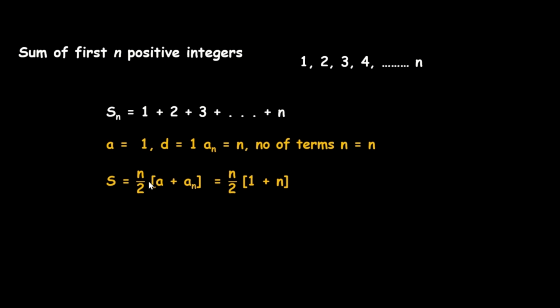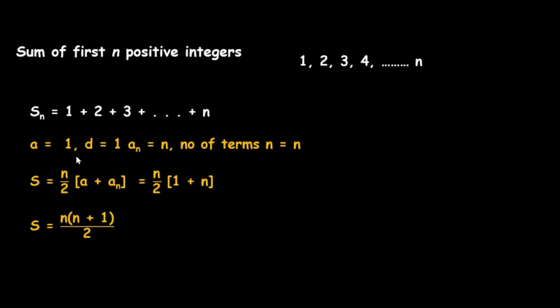So let's substitute these values into this formula, and we get n by 2 into (1 plus n), because a is 1 and a(n) is n. And this can be simplified into S is equal to n times (n plus 1) by 2. And even if we substitute these values in the other two formulas for the sum of the first n terms, we should get the same result.